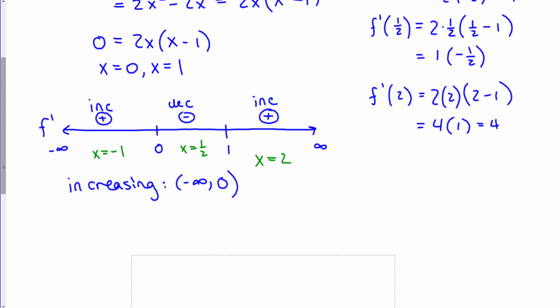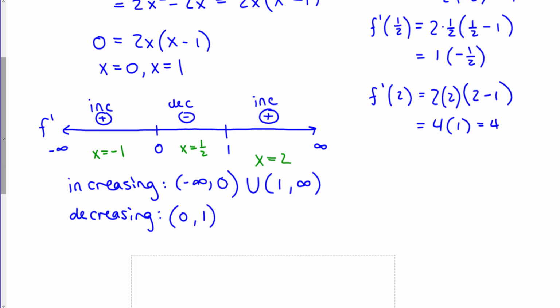We don't include the endpoints here for increasing and decreasing, so don't worry about parentheses versus brackets here. You can always use parentheses for increasing and decreasing. All right, and then it's increasing again from 1 to positive infinity. But it's decreasing on the interval from 0 to 1.